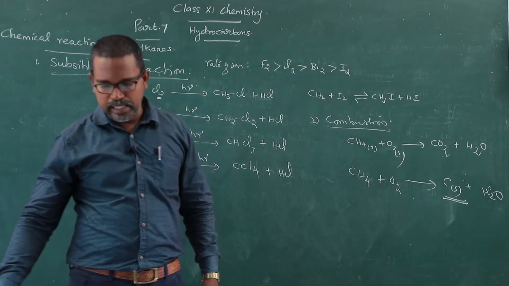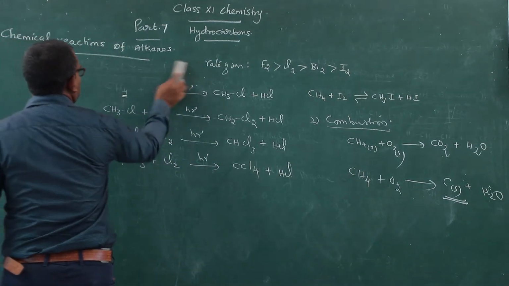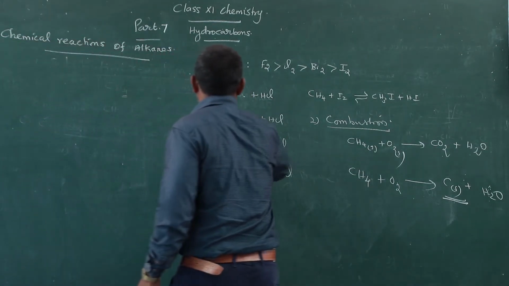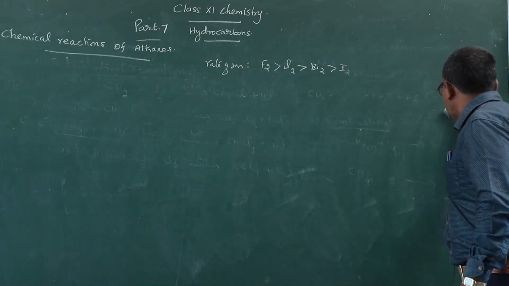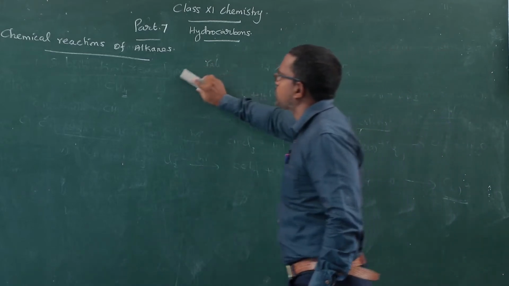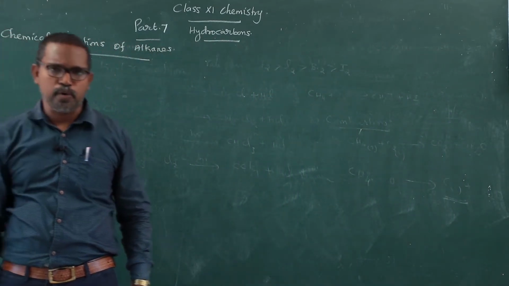The third reaction is controlled oxidation. These compounds do not easily undergo oxidation, but the oxidation reaction can be carried out under controlled conditions, giving different products.